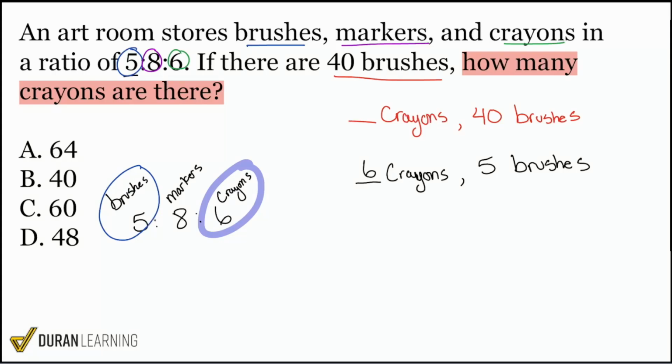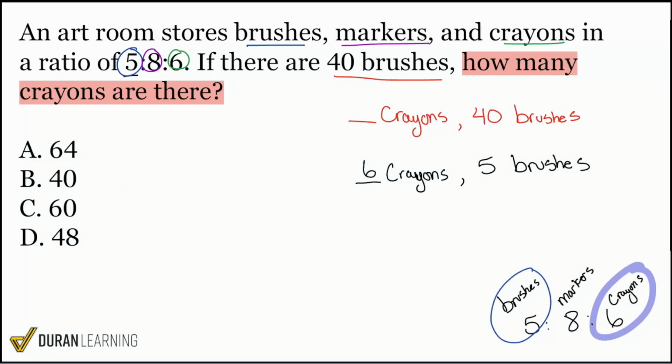We have the 8 markers, but do we need that to complete our proportion? No, we do not. We are comparing crayons to brushes, and we were able to point out the crayons and brushes inside of the ratio. So now we have compared the same things in the same way, and we're done. No more complicated mess here.